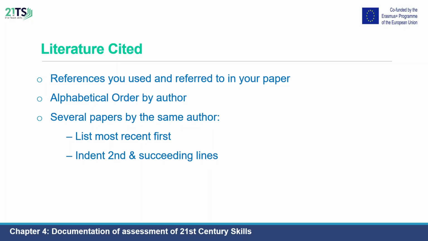You need to write the references you use and refer to in your paper. You have to write them in alphabetical order by author. For several papers by the same author, list the more recent first, and indent the second and succeeding lines.